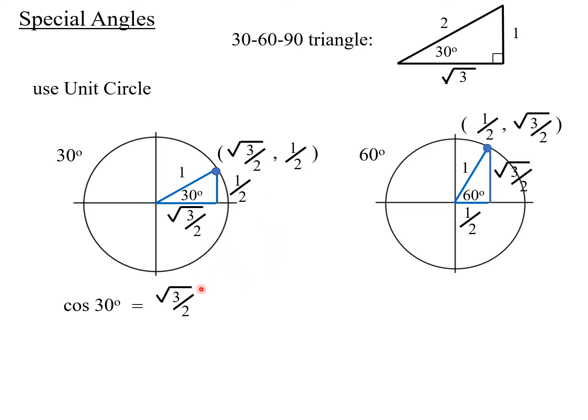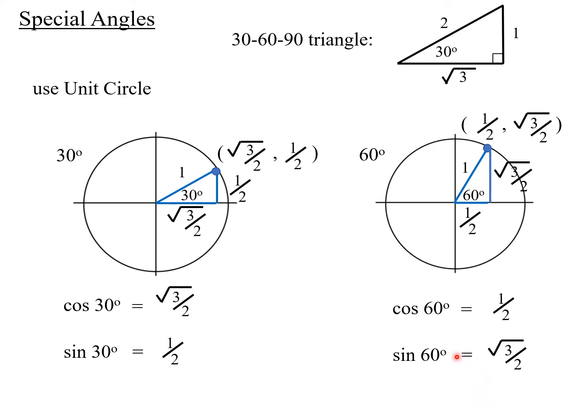That makes the cosine of 30 degrees √3/2, and the sine 1/2. Over here, in this particular case, the cosine of 60 is 1/2, the x-coordinate, and the sine of 60 is √3/2, the y-coordinate.